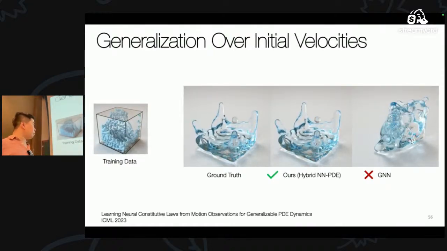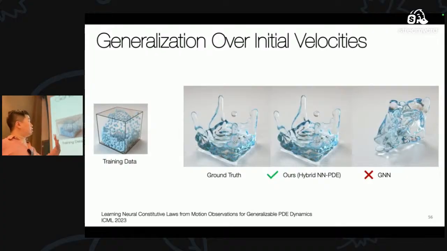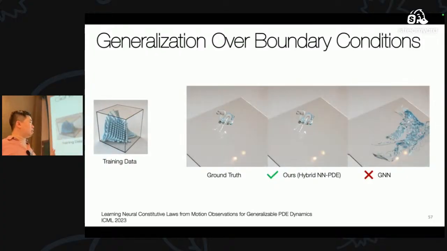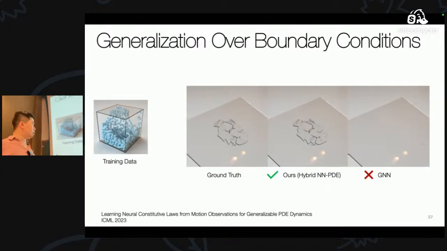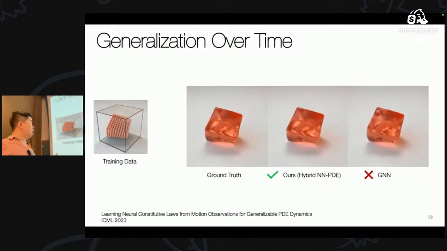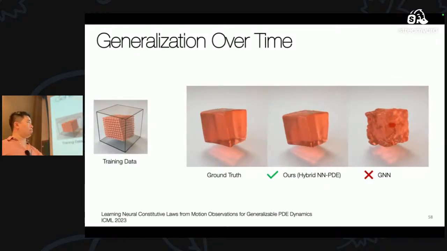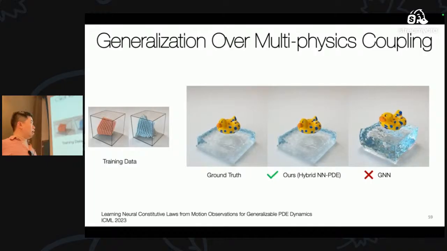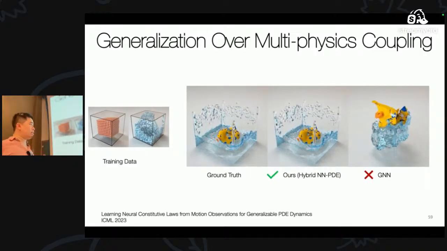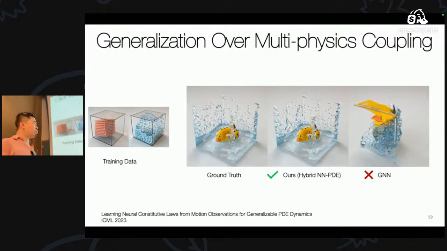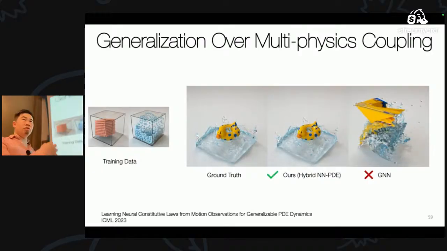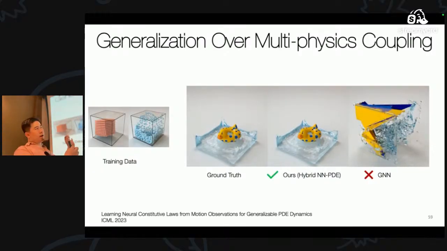It also handles changing the initial velocities, changing the boundary conditions, and simulating for longer time. You can even couple them together easily. Again, this approach still very much uses the traditional pipeline, except just one part is a neural network.